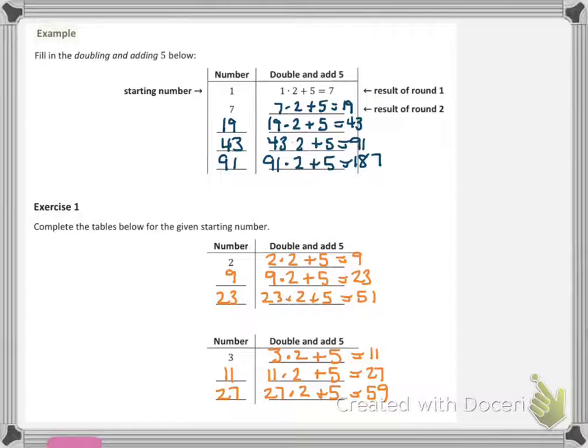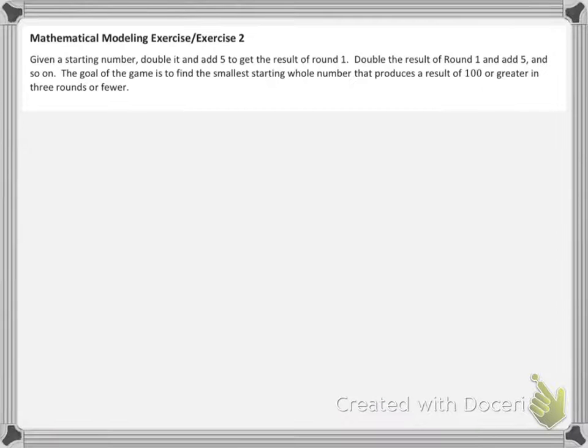All right, so we got that idea. Let's use that. In exercise 2, we're going to do the same thing, double and then add 5. But the goal of this game is to find the smallest starting whole number that will produce a result of 100 or greater in 3 rounds or fewer.